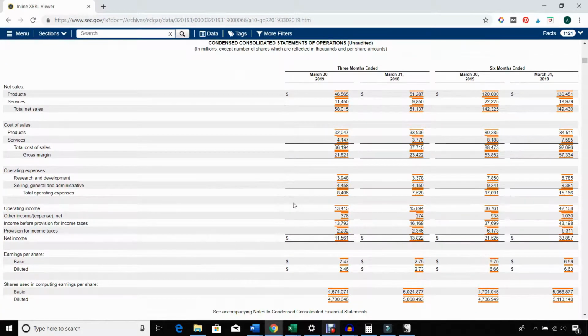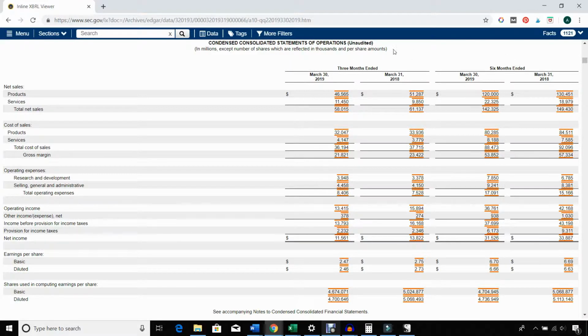It's also known as the profit and loss statement, and as the name suggests, it basically shows you the company's profit or loss over a period of time. The income statement differs from the balance sheet because the balance sheet shows the business at a point in time, versus the income statement, which shows how it performed over a certain period of time.